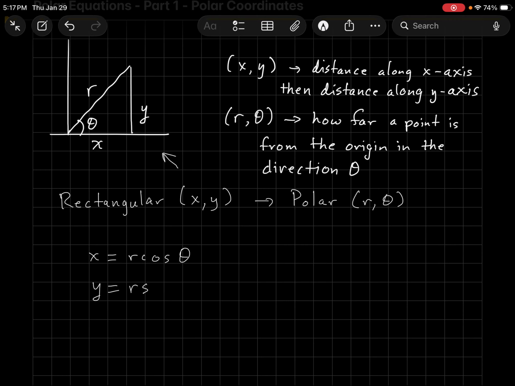Y is r sine theta, or y over r equals sine theta, of course. And then tangent of theta is y over x. And of course, the Pythagorean theorem, x squared plus y squared equals r squared.